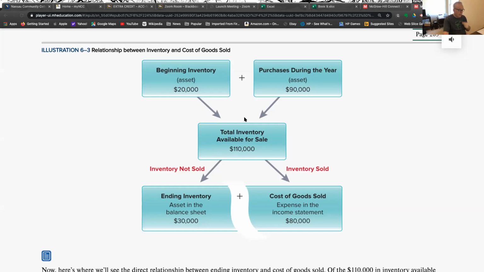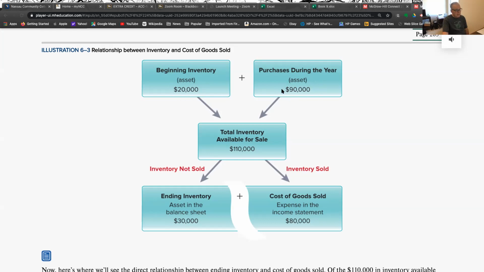So how do you do that? You start out with your beginning inventory. In other words, what did you have on your shelves at the beginning of the period? In this case, it was $20,000. How much more inventory did you purchase during that period? And they're using a year, so this would be on January 1st.